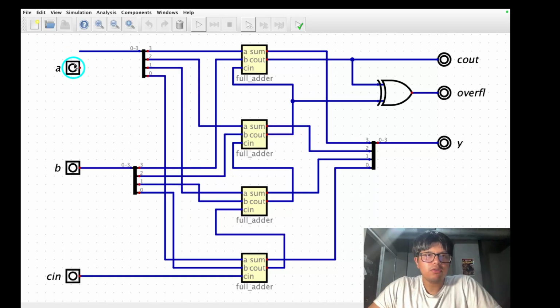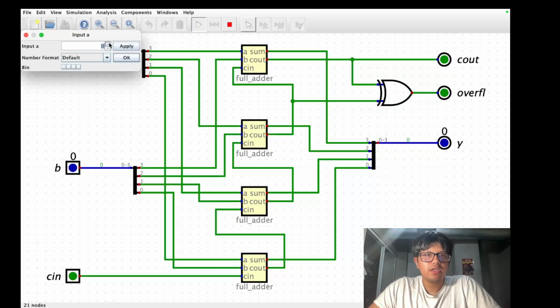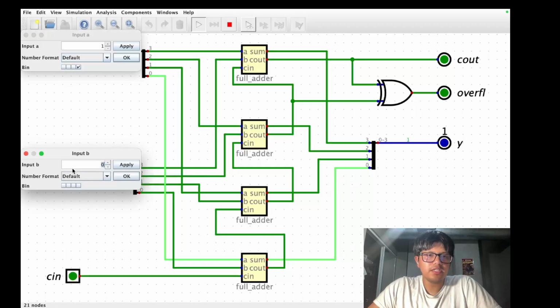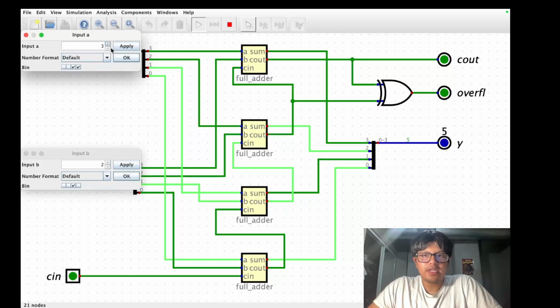All right, so if we start the simulation, we put one right here, and then let's say we put two. So the Y output would be three. If we do something like that, the Y output would be five.